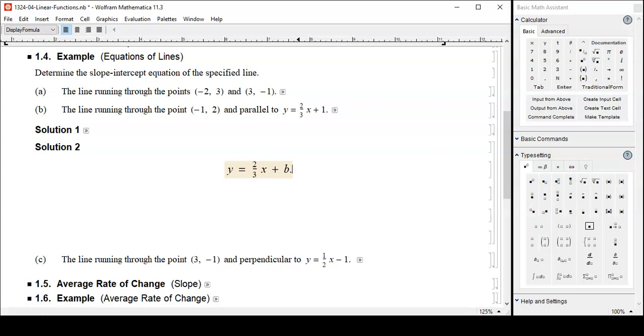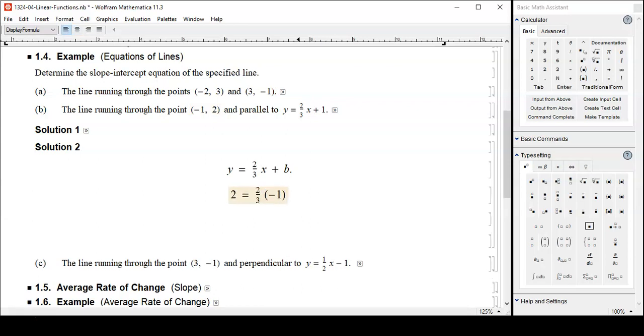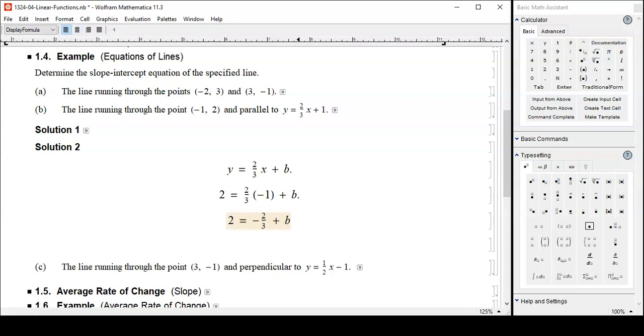How do you do that? Well, running through this point, so x is -1 and y is 2. So we do this: 2 equals 2/3 times -1 plus b. And then from here we can solve for b. It's a simple equation to solve. All right, let's go ahead. 2 equals -2/3 plus b.